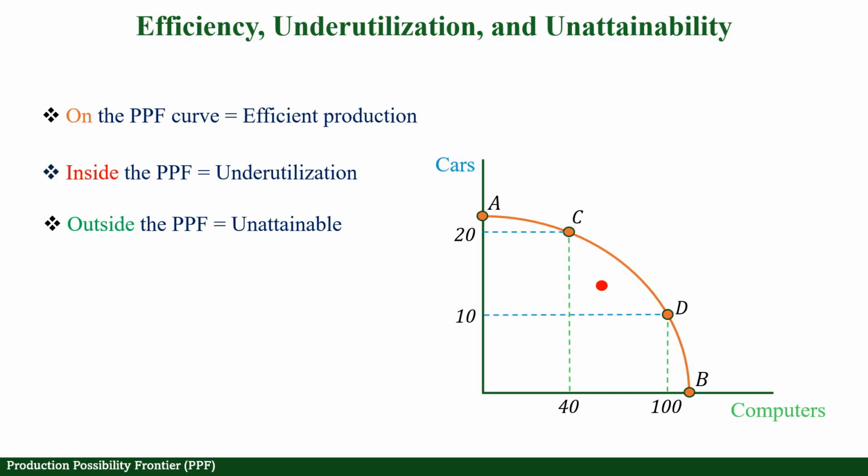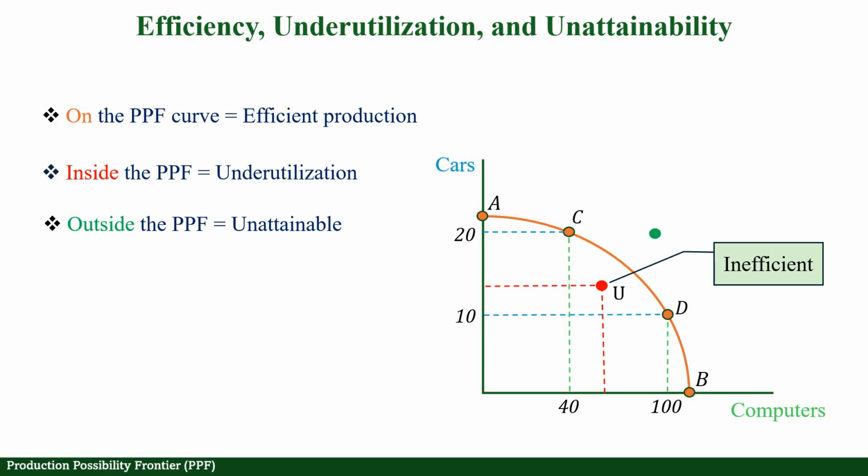Now consider this red point, which tells us the inefficient condition or underutilization situation. In that case, we are not utilizing all of our resources, or it may be due to unemployment or wasted resources.